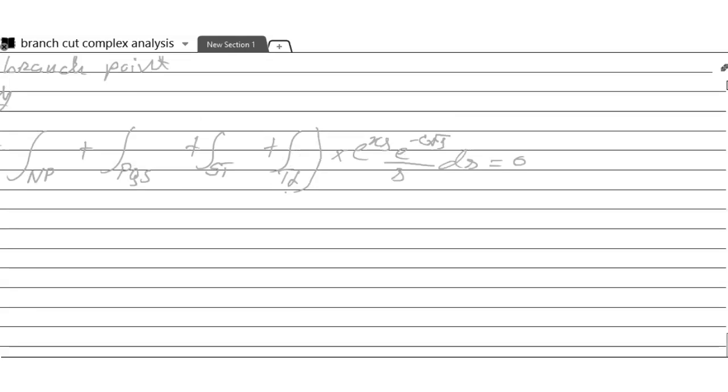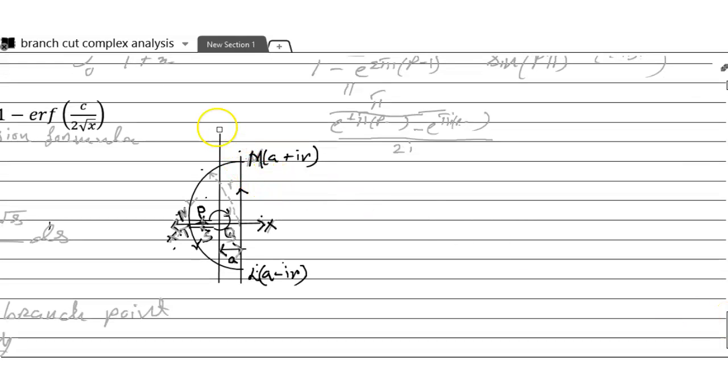How? Because friends, you will see the movement is LM, after that MN, after that NP, after that PQ, after that ST, after this TL.